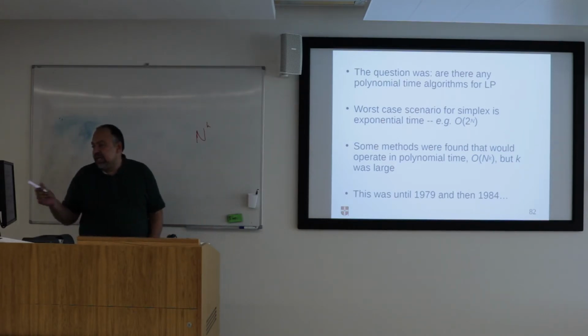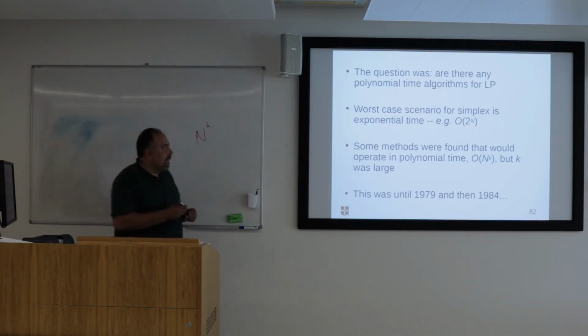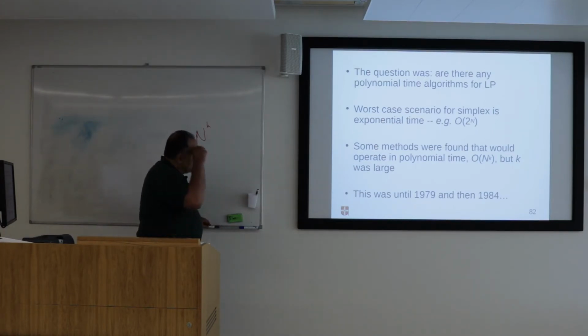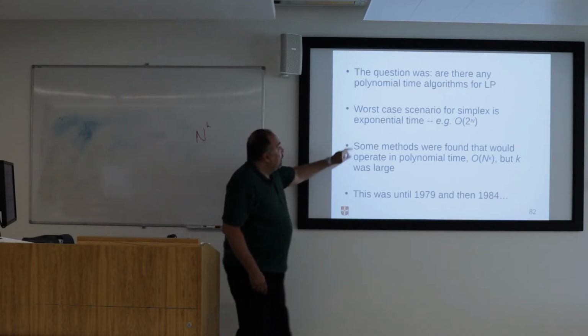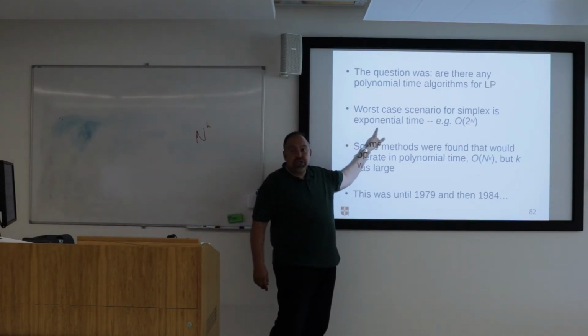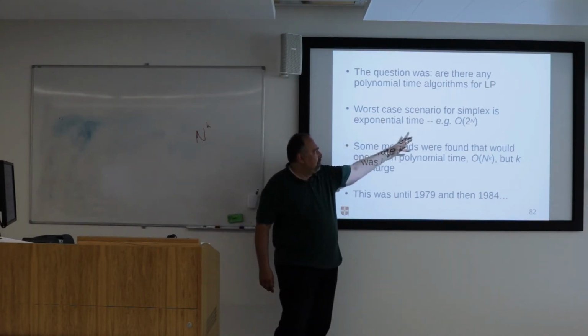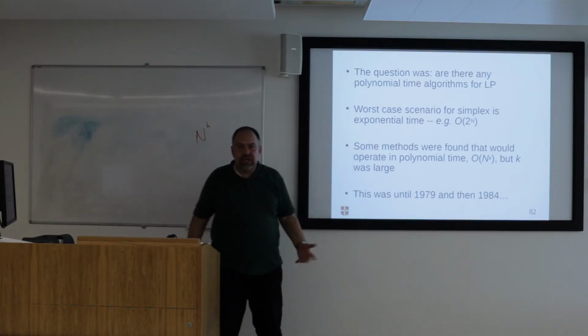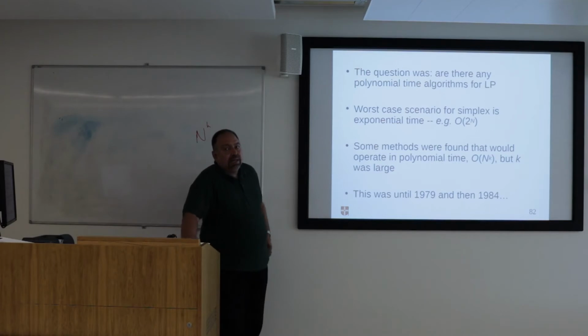The worst case scenario for the simplex algorithm with constructed examples is known to take exponential time, not really O(2^n). This is an example of what I mean by exponential. It's combinatorial nature in the number of variables and constraints.